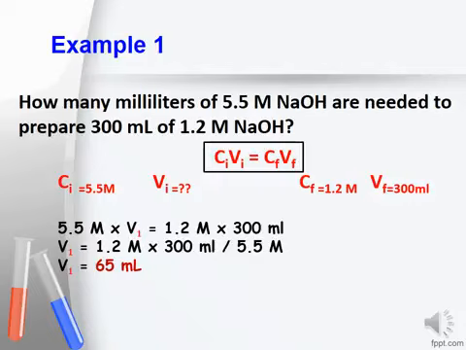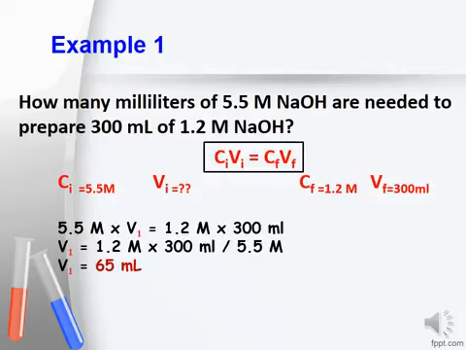CI is replaced by 5.5 and VI, the unknown, equals 1.2 molar multiplied by 300 milliliters. Then VI equals 1.2 multiplied by 300 divided by 5.5. Then VI will be 65 milliliters. It means I'm going to take 65 milliliters of the 5.5 molar stock.